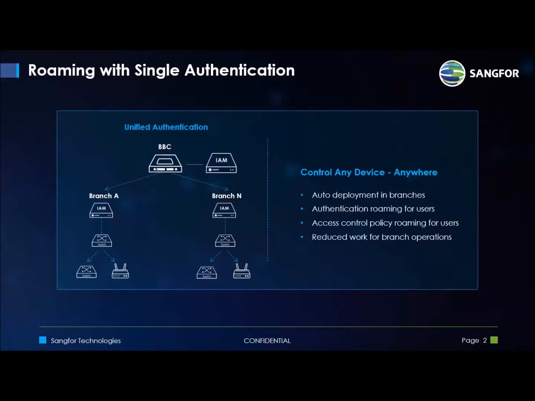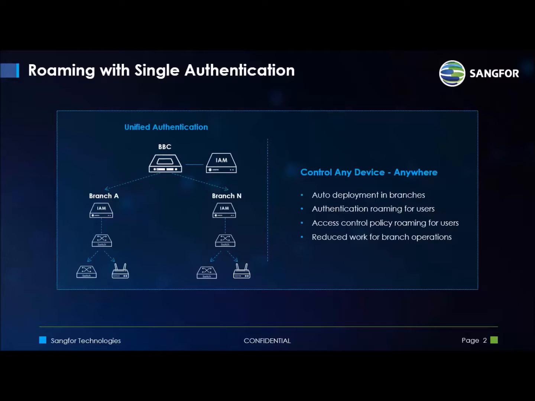So in this solution, we have our unified centralized management platform, BBC, for synchronizing the policies and configuring the control policies for users. So whenever the user goes to any branch, he or she will automatically come back online with the authentication stored in the central IAM as a central authentication server.